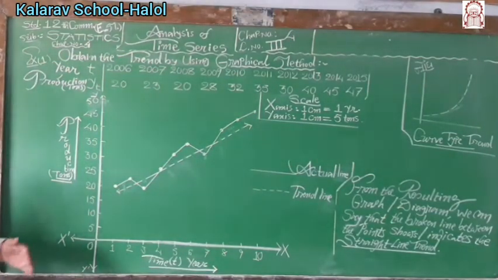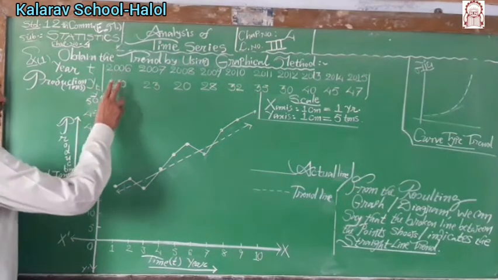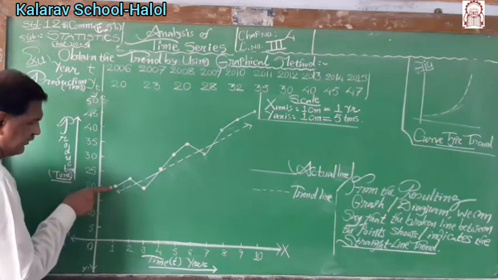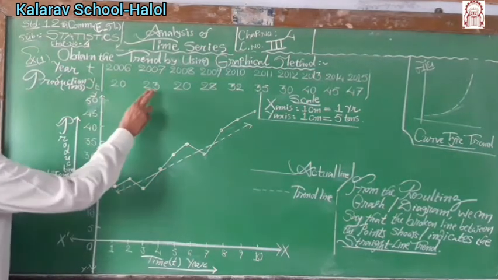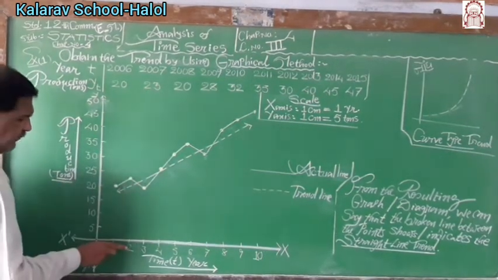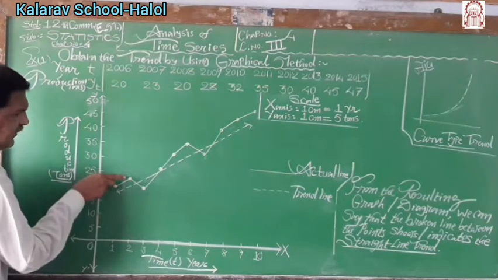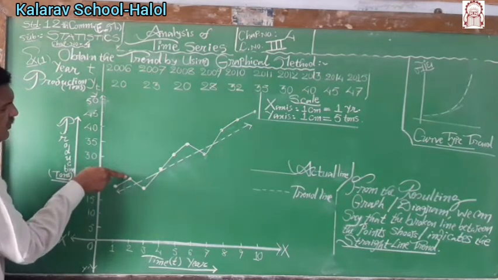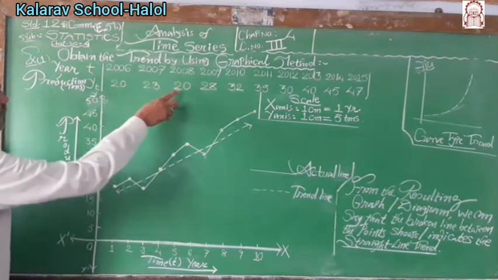Now plot the point for 2006, 20, that is for the first year 20 is there, so mark here. For the second year 23, somewhere here, between 20 and 25.